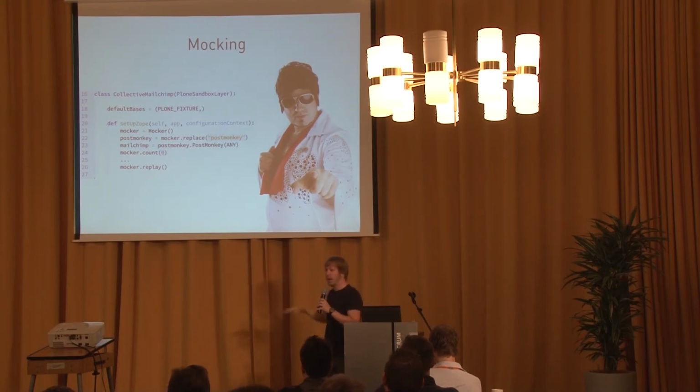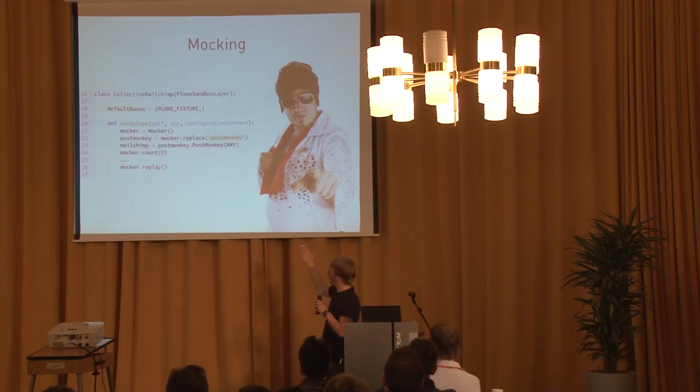This means that in any code that you write, when it's tested and you do an import postmonkey, it does not import the real postmonkey API that actually calls the MailChimp service, but my mocker object that I create. I say you can call it 0 times, 2 times, 100 times, this is the count, and then where the points are, you actually define what methods this mocker object has.